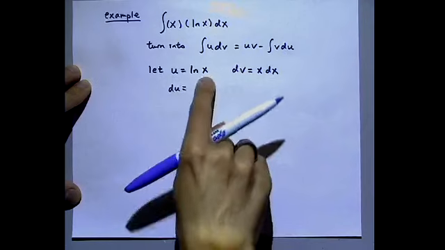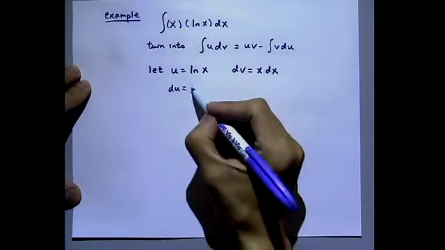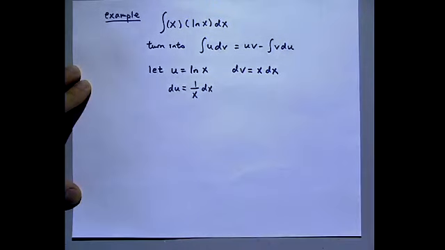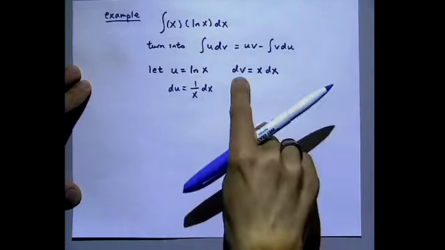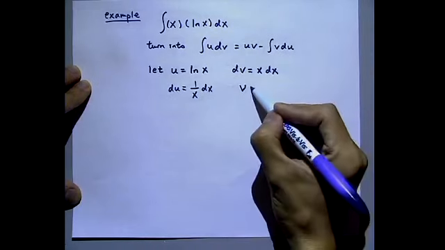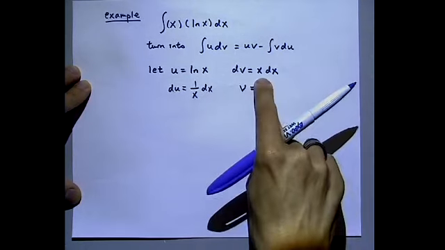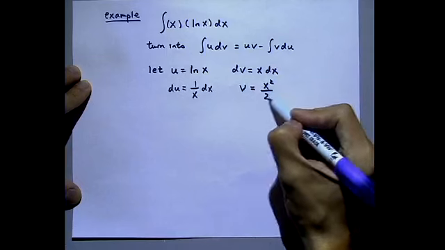So du is, what's the derivative of natural log of x? Good, very good. Now we need a dx. It's in a differential form. If I have dv, then to get v, I do an integration. So I integrate x, and I get x squared over 2.